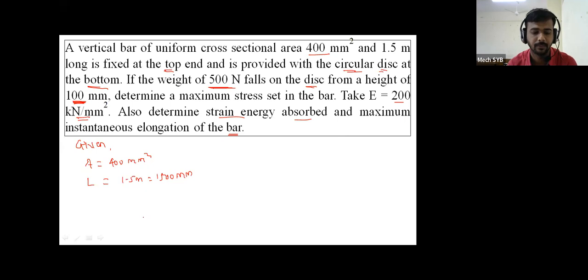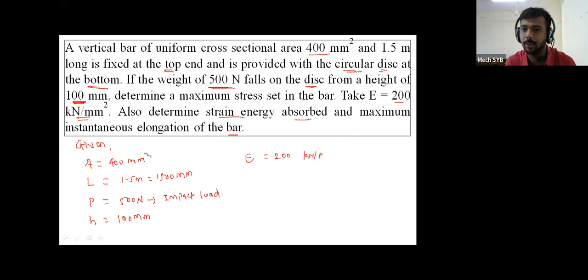Then the load is given, P equal to 500 Newton, which will be considered as the impact load. Then the falling height is given as 100 mm. Then Young's modulus is given as 200 kilonewton per mm square.